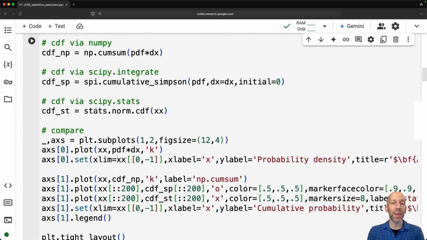Okay, and then here I'm using stats.norm.cdf. So this will return a cumulative distribution function for the normal distribution from these x-axis values. Okay, and then we plot all 3.